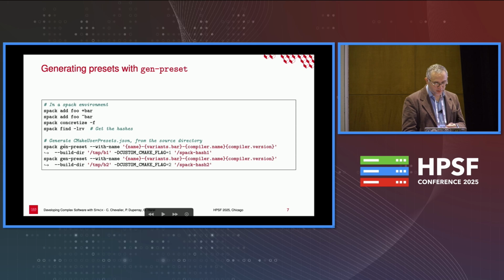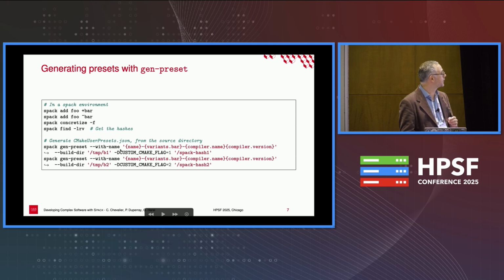And after, we have written this gen-preset plugin, and we will use the Spack hash to generate the preset, and we follow the Spack specs format to be able also to generate the preset name.